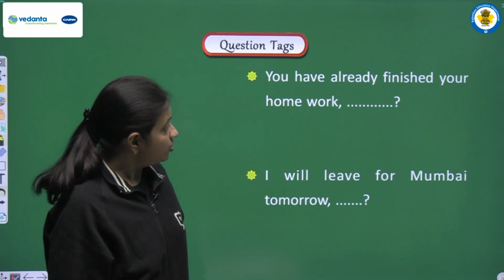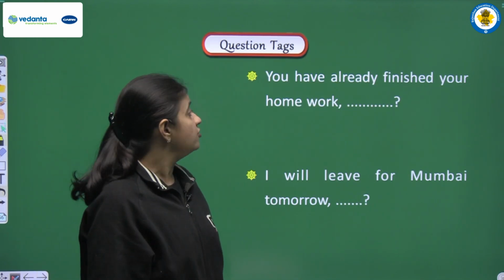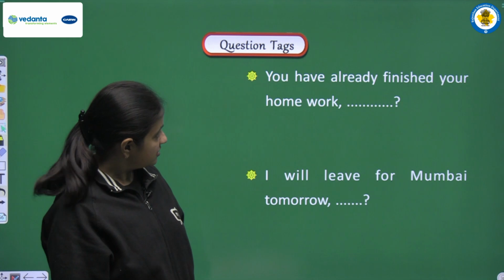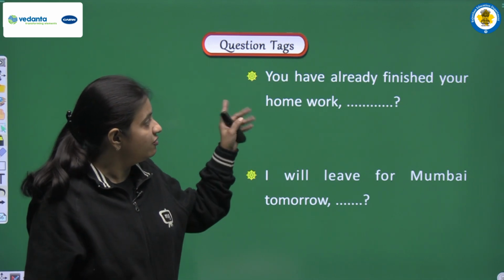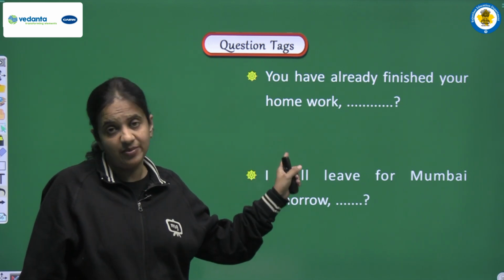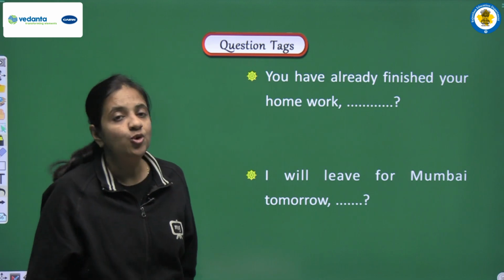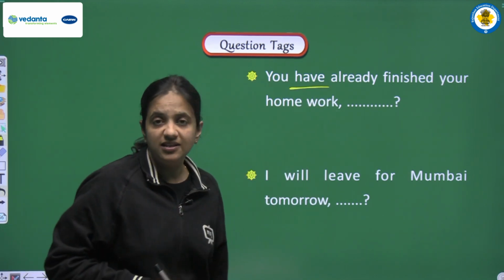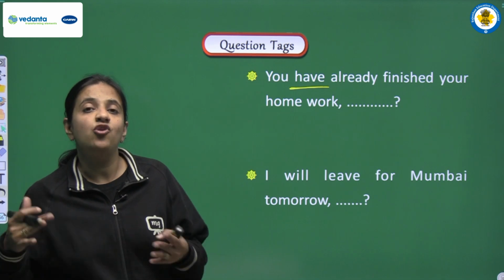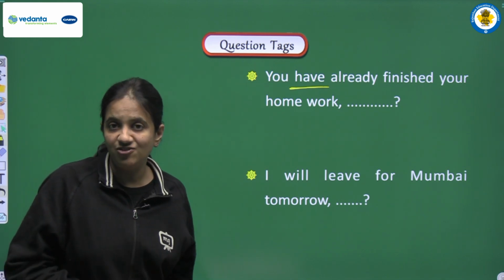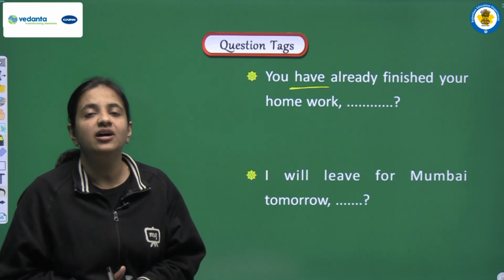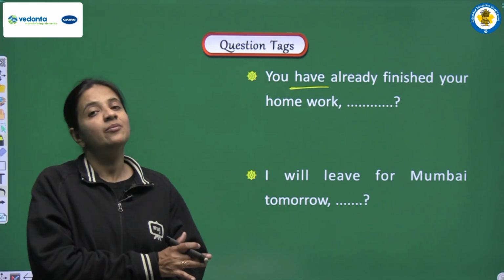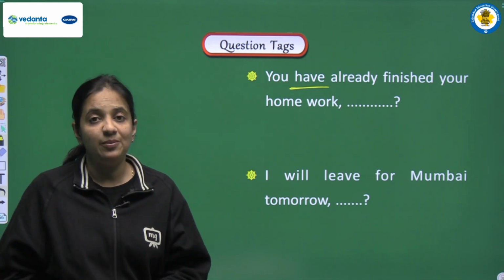Next one, you have already finished your homework. So in this sentence also we can observe that we are having a positive statement, right? So we have to make a negative question tag. We are having have as the auxiliary verb, so we have to add not to this auxiliary to make the negative question tag. So we will be having have plus not, but we have to write the short form, that will be haven't.